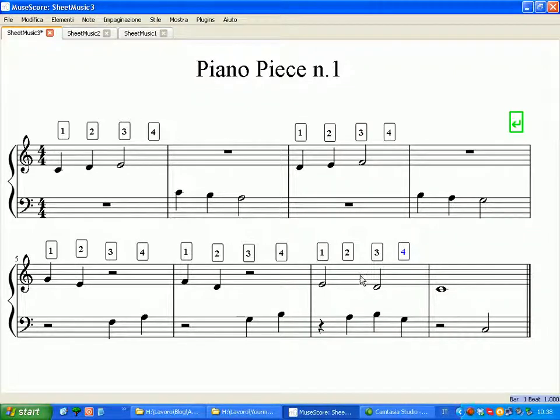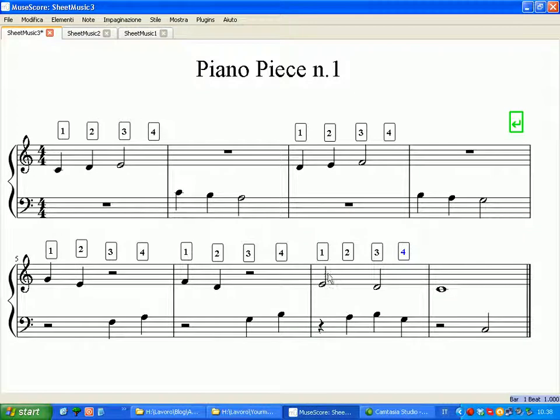But if we want to do the same in the case of the sixth bar for the left hand staff, we can see something quite interesting.